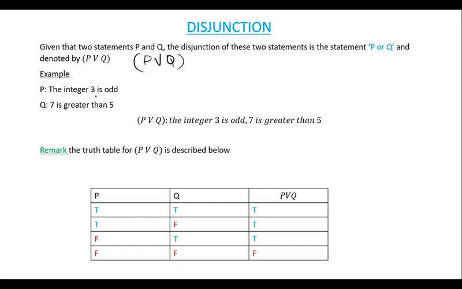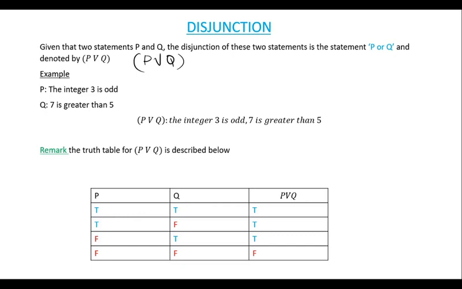The integer 3 is odd as the P statement, and the Q statement, 7 is greater than 5. The disjunction between these two statements is just combining the two. So we can say the integer 3 is odd, or 7 is greater than 5.